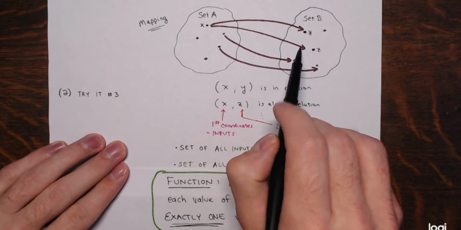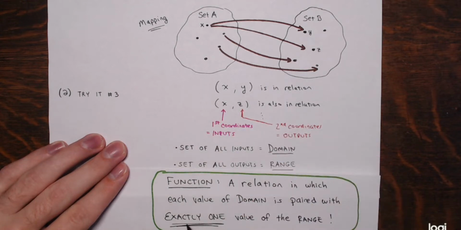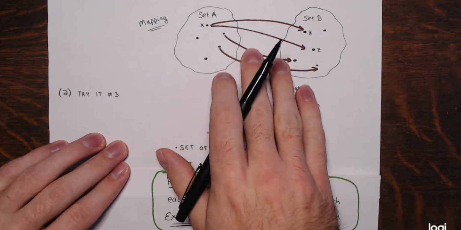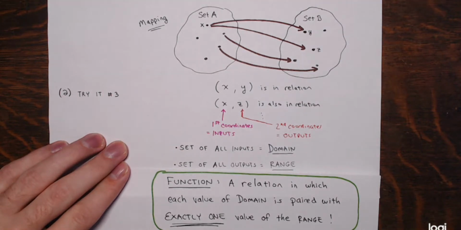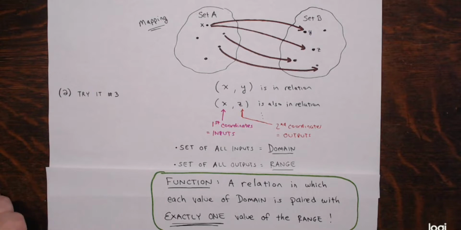Not exactly one. It's got to be exactly one, not more than one. So that picture is an example of a relation that's not a function. All functions are relations, sets of ordered pairs, but not all relations are functions. Please understand this.